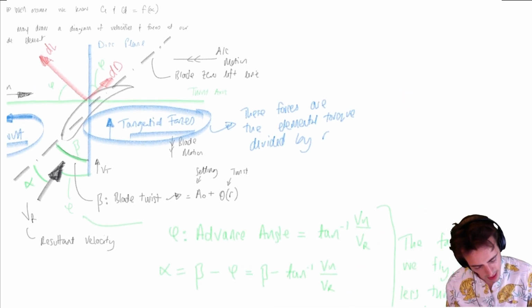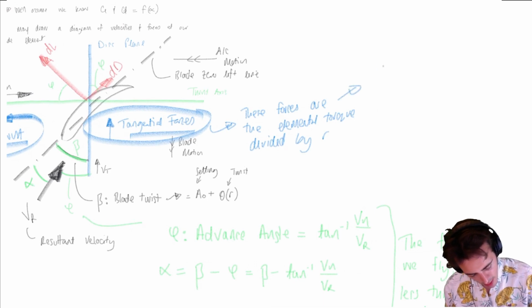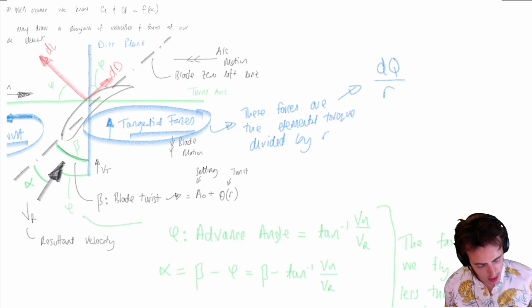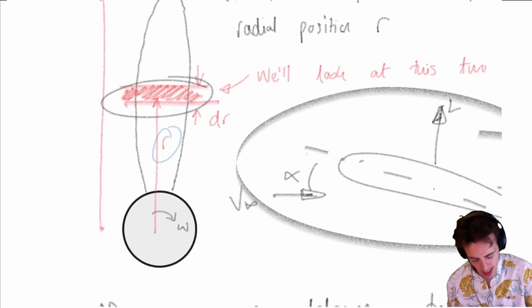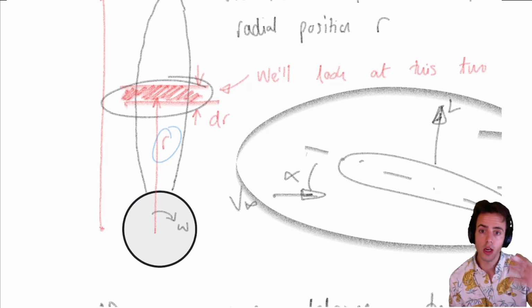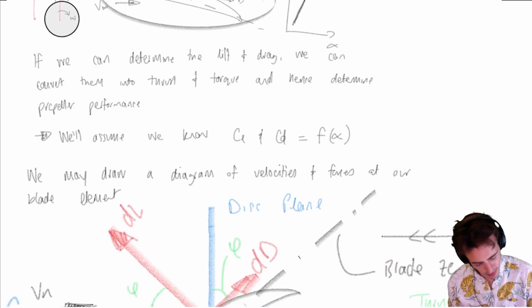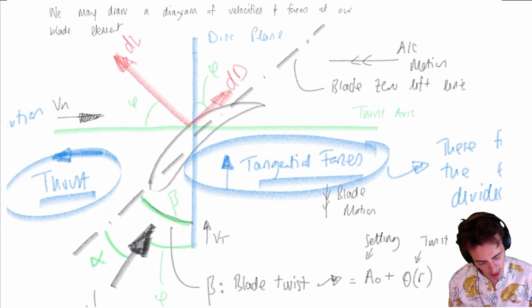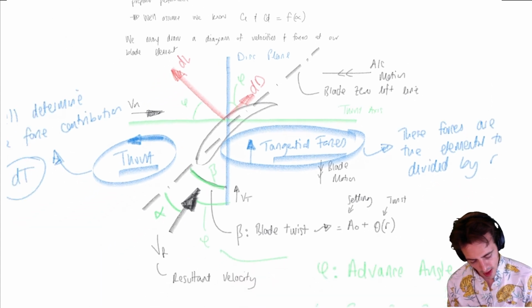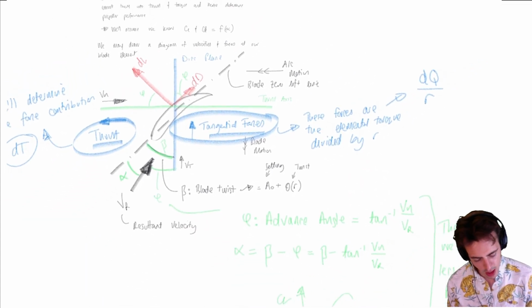I've not explained that particularly well there, but any force is going to be equal to our elemental torque divided by r. And that r value is just wherever we happen to be on the blade, whatever our radial position is. So it will help us to determine forces in these directions. So we're going to define these as dT and dQ on r.